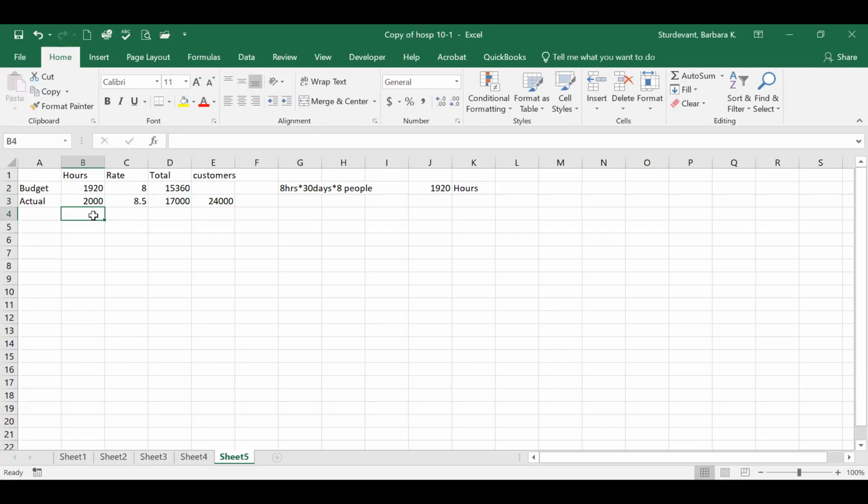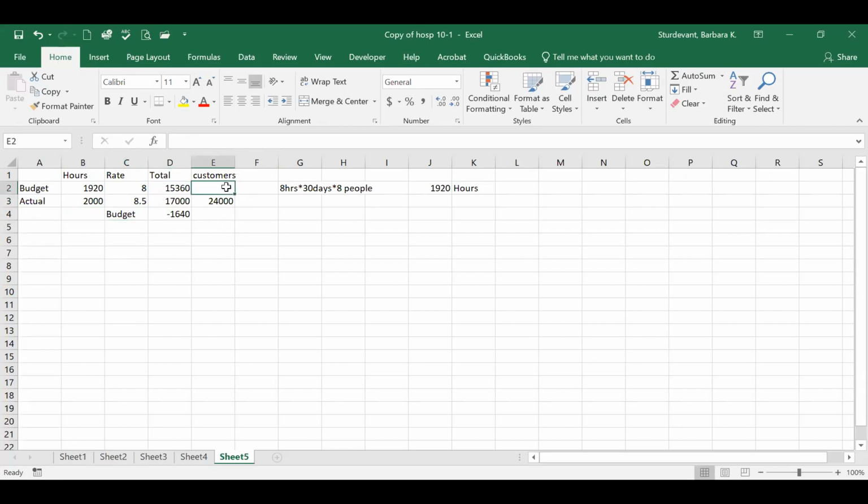Okay, so hour-wise, we're over. Rate, we're over. So for our budget, we're obviously going to be over, because nothing else that we did was under budget. Okay, so there's our budget variance.